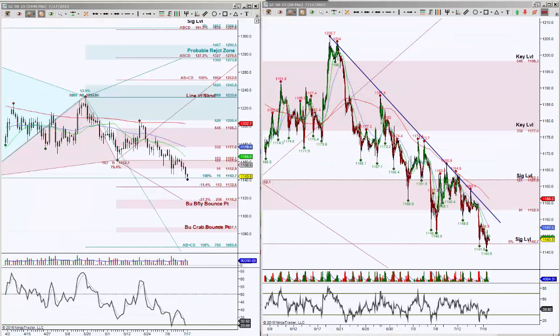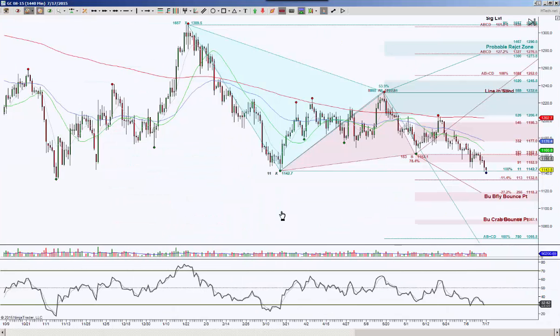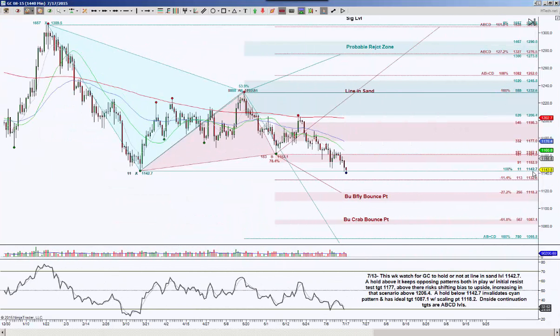Okay, next I want to take a look at gold. Now, first, let's look at the day chart. Okay, now this 1142.7 is a line in the sand level for this cyan colored pattern. It took that out.